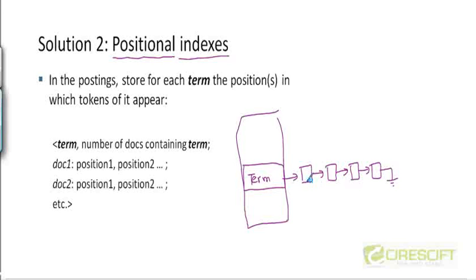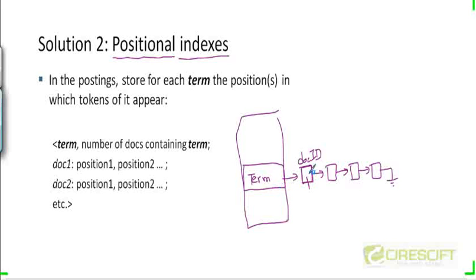In main memory, one could use linked lists, but conceptually they are lists. But I'm showing them in this way because you can think of the addition that we are going to do in a positional index as not only recording the doc ID.